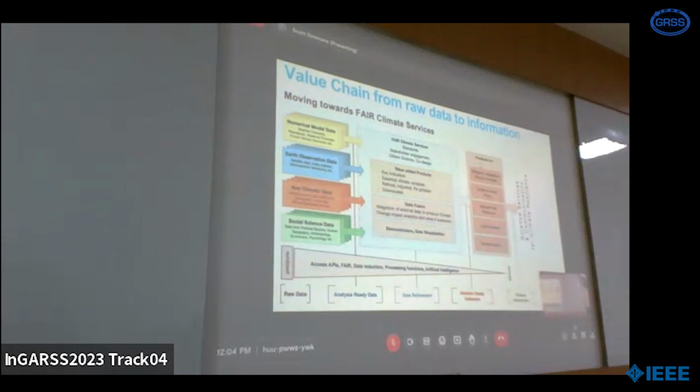So raw satellite data may be processed and made analysis ready in different ways, depending on what we're going to do. Climate resilience, we are very interested in drought potential. We may not use that same satellite image if we're looking at increasing urbanization; we may process it differently.